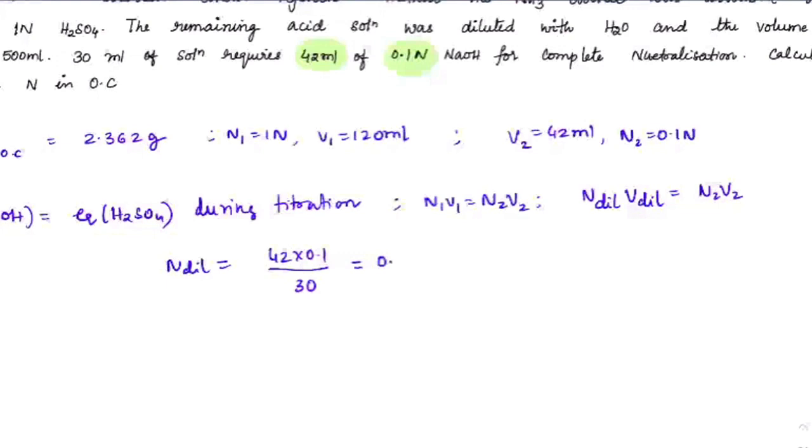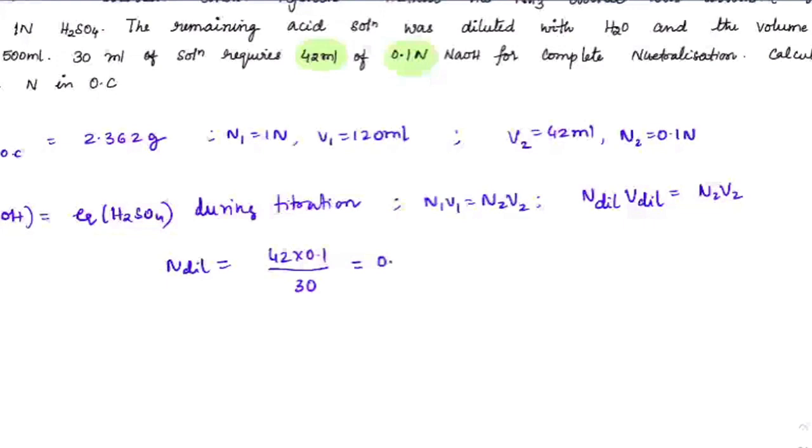Now this normality multiplied by this 500 will give me the remaining amount of H2SO4. So the milli equivalents of H2SO4 which were left after absorption of ammonia will be 500 multiplied by 0.14.